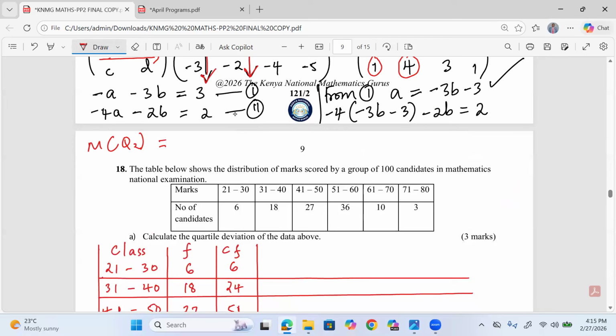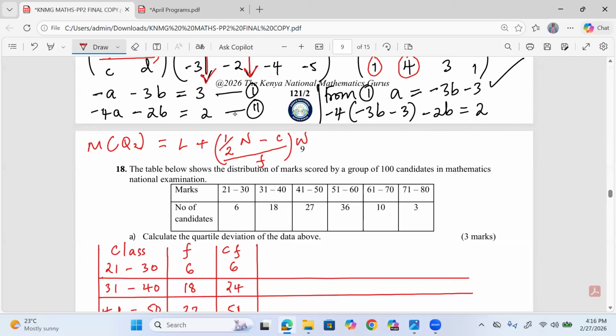To get Q2, we need the lower class boundary plus half of the total frequency minus the cumulative frequency in the class just before the median class. Then everything is divided by the frequency of the median class, and everything here we multiply by the class length. Class length is also called the class interval.